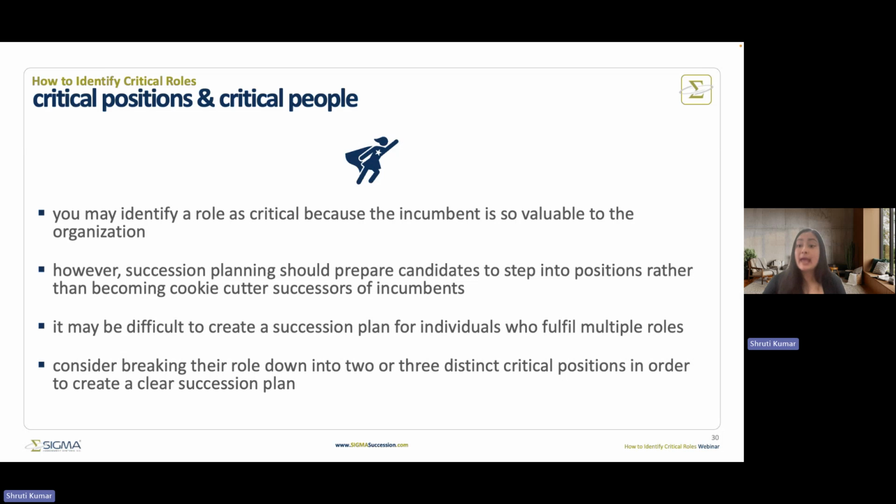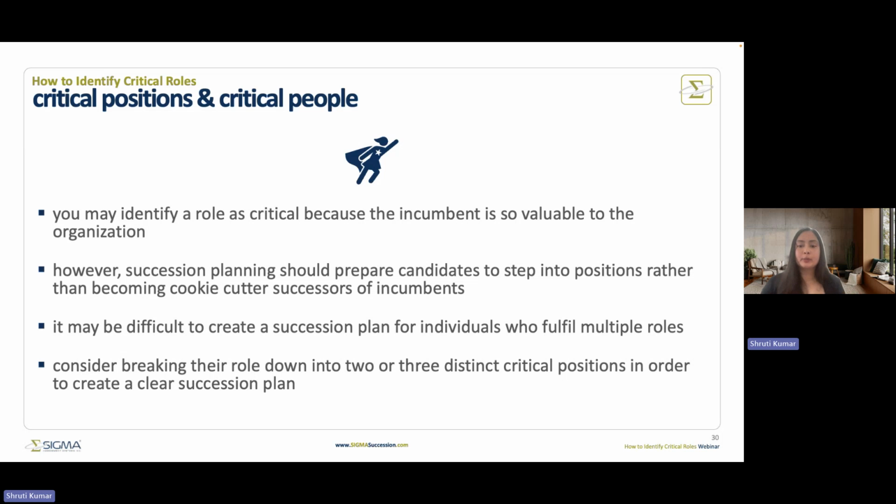Now, critical people can, in fact, help guide you in identifying those critical roles. But you want to keep in mind that the purpose of succession planning is to prepare individuals for stepping into positions rather than trying to promote or hire a cookie cutter replica of the current incumbent.